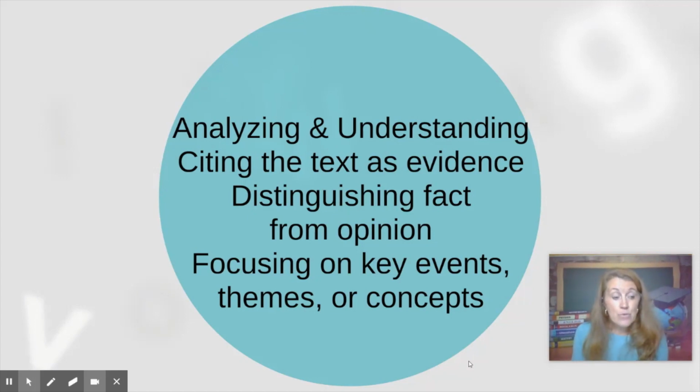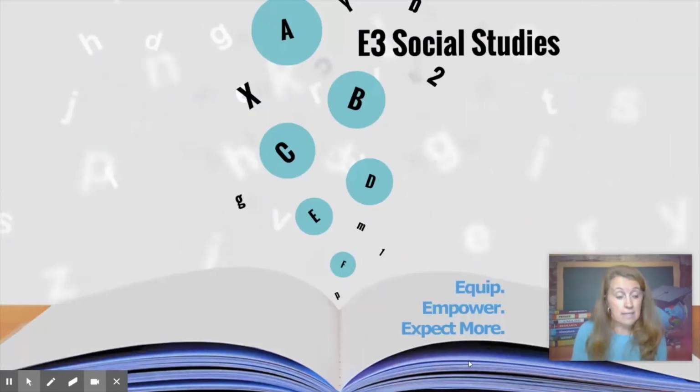The students will also cite the text as evidence in order to show mastery of the content, and they will distinguish fact from opinion, and they will focus on key events, themes, or concepts.